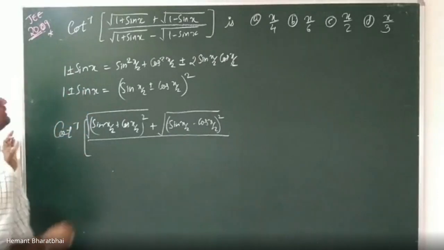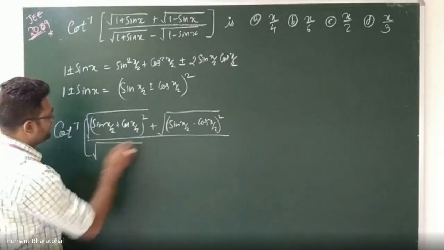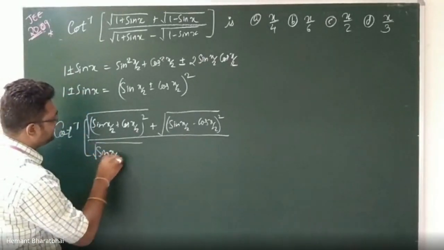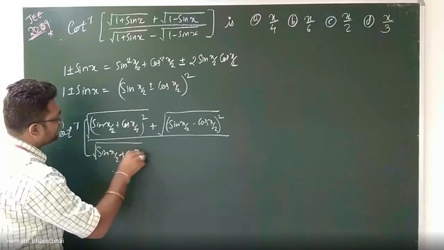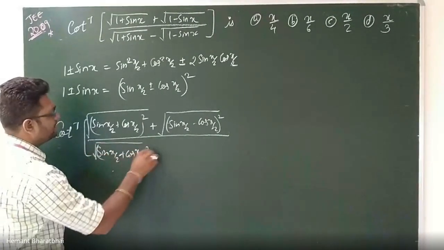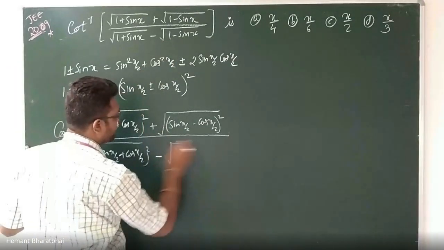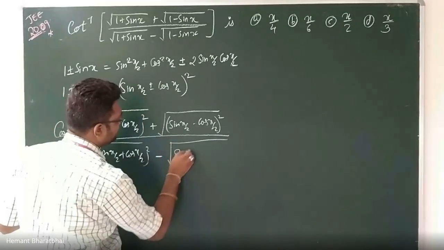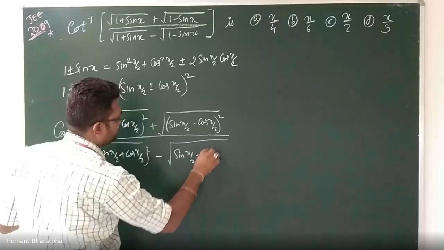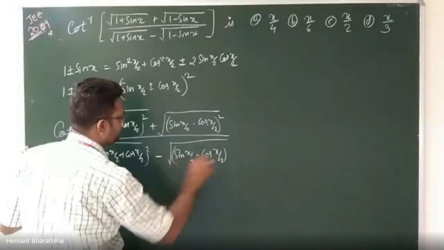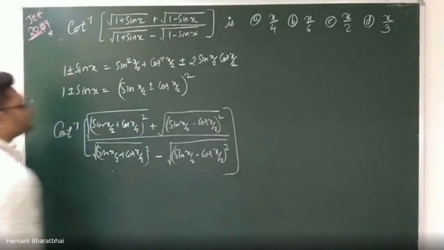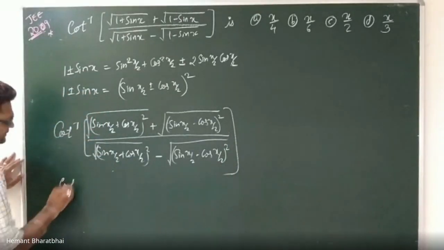Same thing in the denominator: sin x by 2 plus cos x by 2 the whole square, minus sin x by 2 minus cos x by 2 the whole square. So the square and square root will get cancelled.